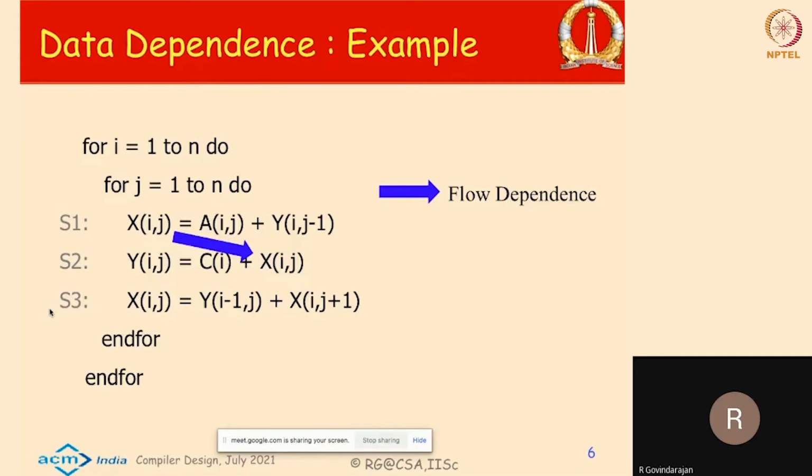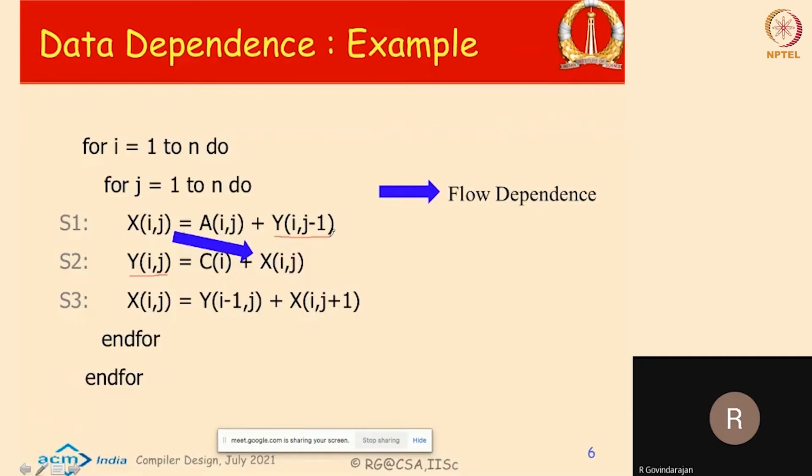Now let's look at one more example. Let me take the pen here. Let's look at the variable y of ij and the variable y of i comma j minus 1.